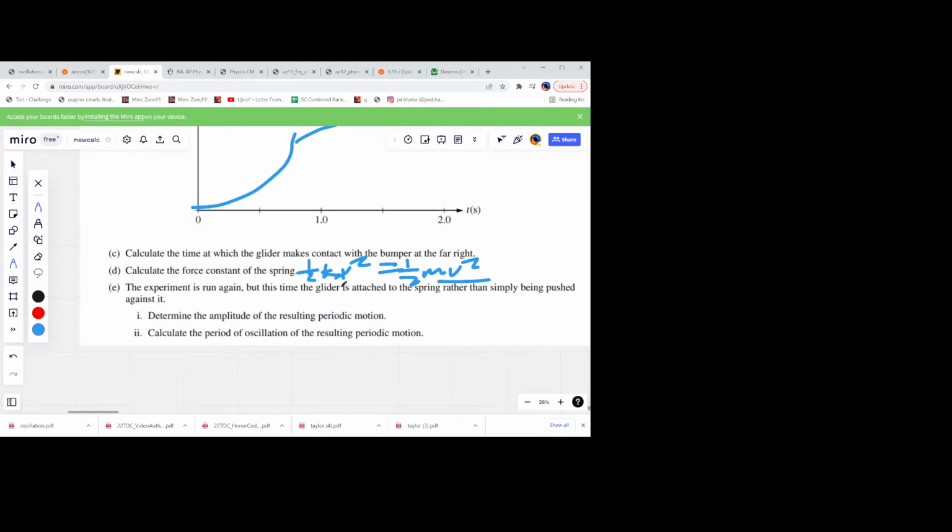I mean, this is just one half kx squared. Yeah, wait, isn't this just 0.25? Or am I... I mean, the most it can go the other way is just 0.25, so that has to be it.